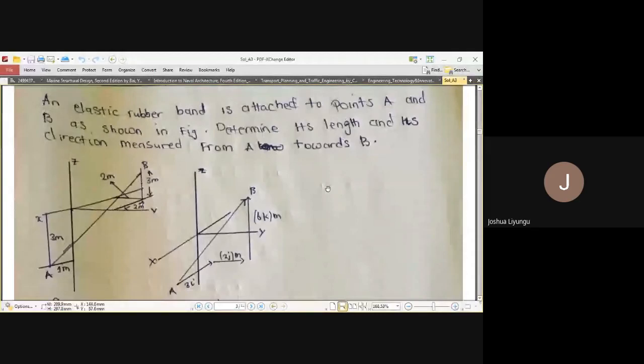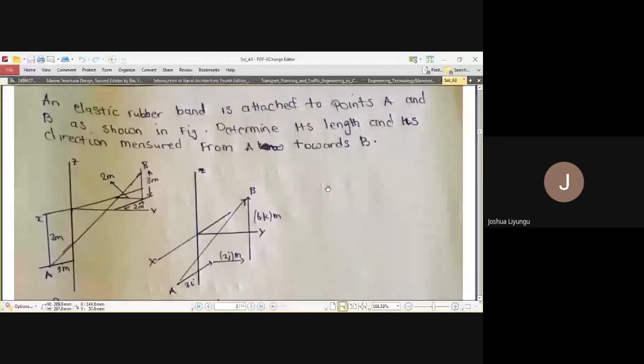He was mentioning the resultant, and I don't know where the resultant is coming from. Measured from A to B. What they mean when they say the length is the magnitude.